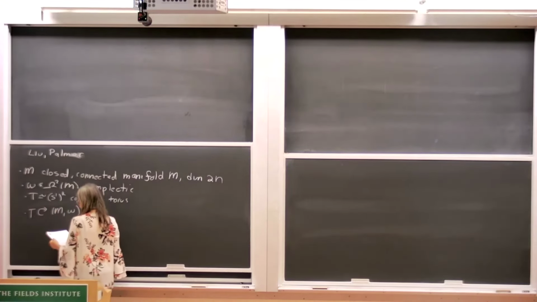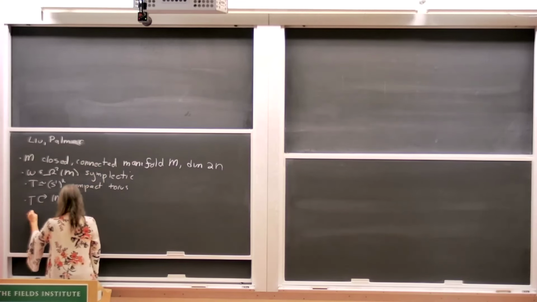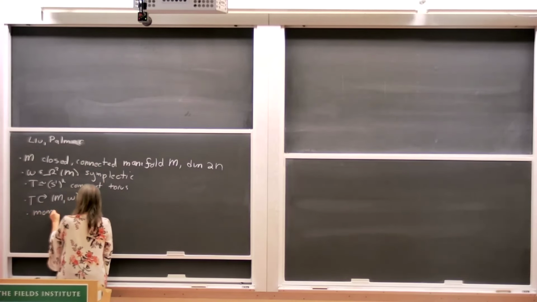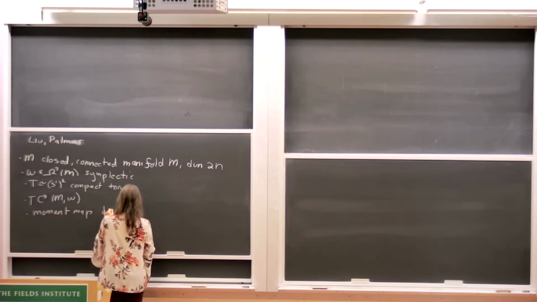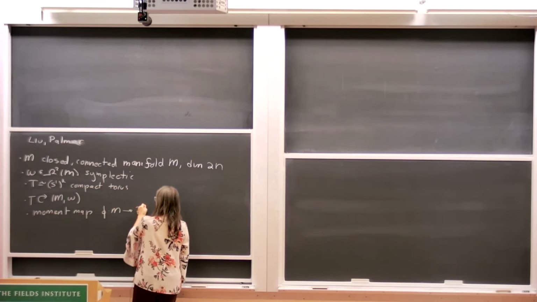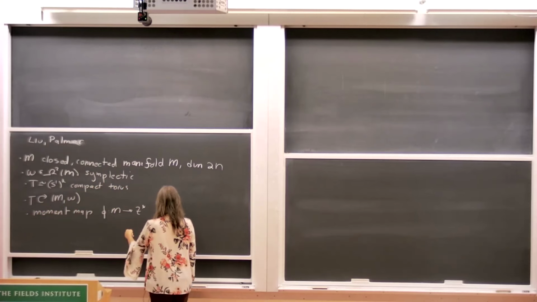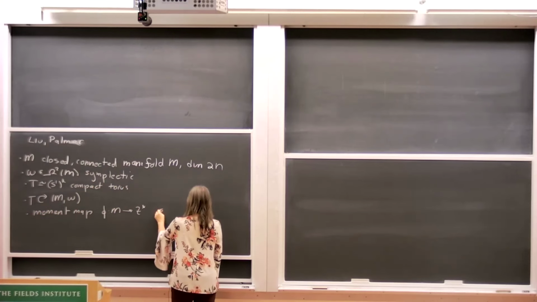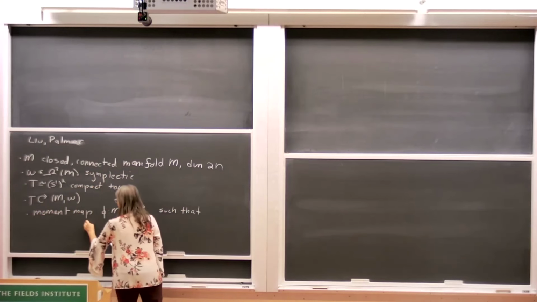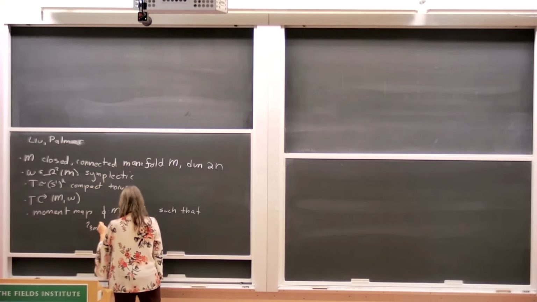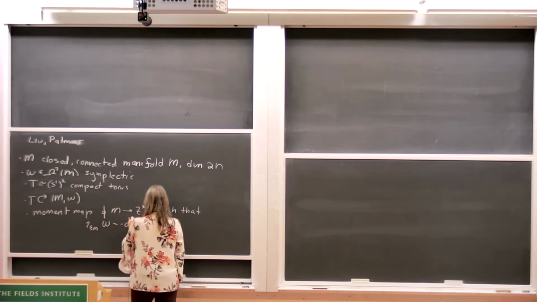I'm going to also assume that I have a moment map, which is a map from M to T star, such that, let me write it.